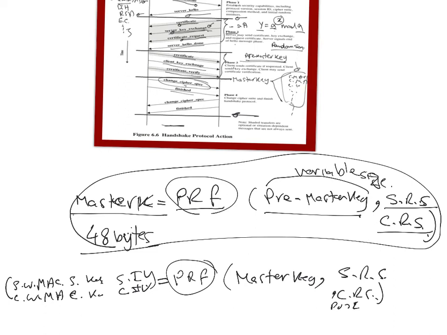The session state, based on the handshake protocol, we have the session state. But then at a certain point we have to have a connection state. A connection state is derived from the random sequence and the master key. We can generate multiple connection states.